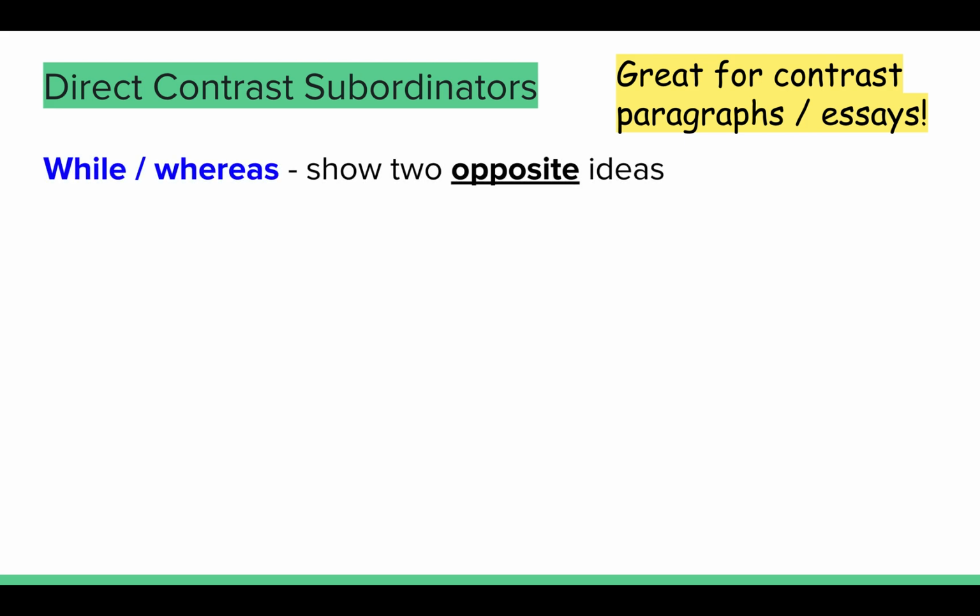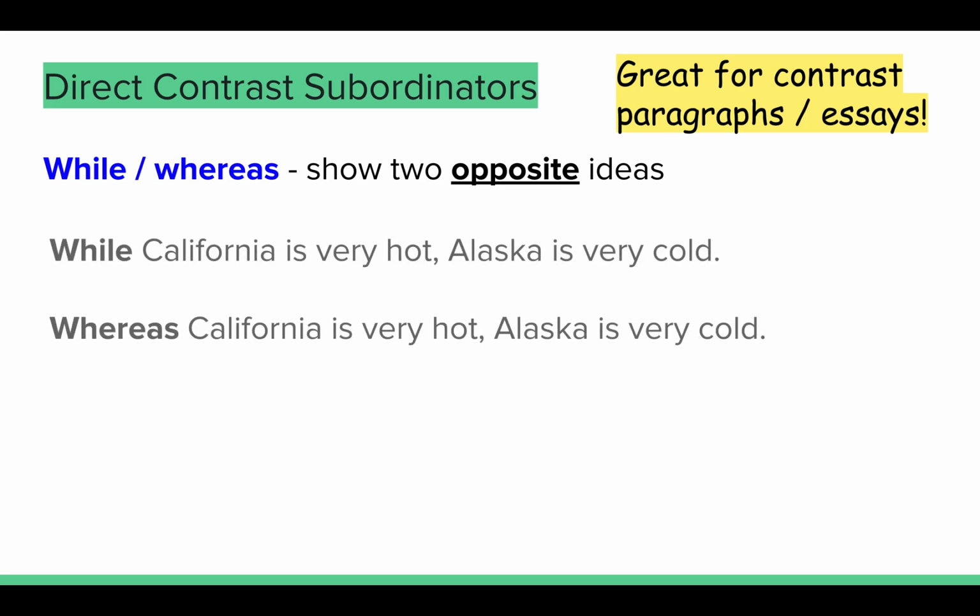Our first set is while and whereas. Both of these subordinators show two opposite ideas. Remember that opposite means completely different, like black and white, cold and hot, right? Tall and short, okay? So opposites. While California is very hot, Alaska is very cold.